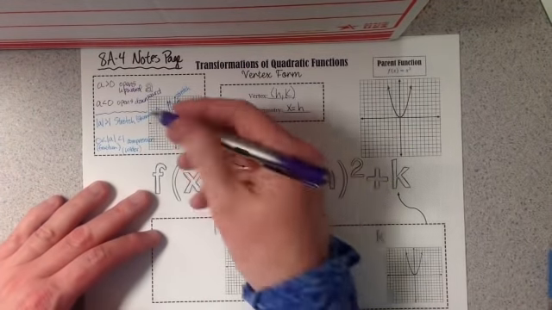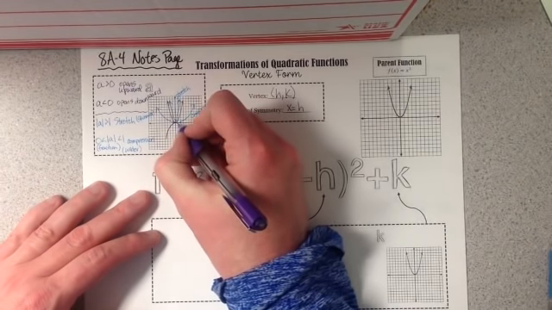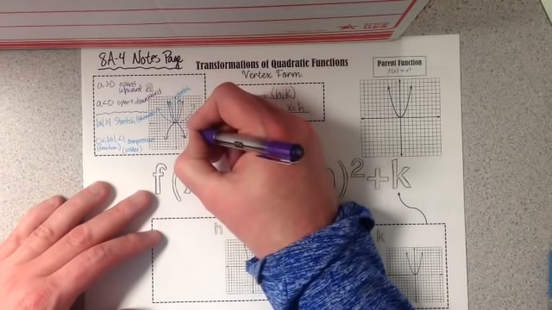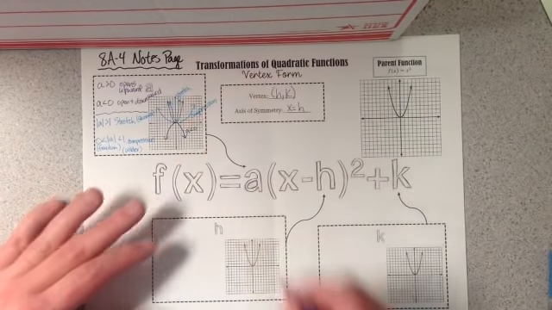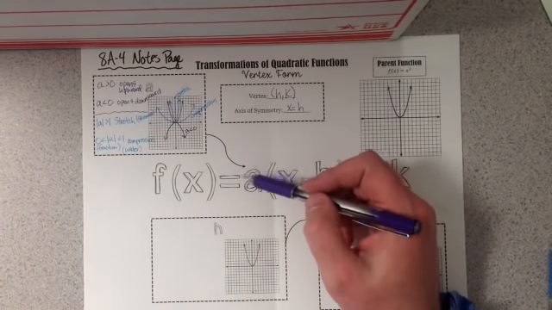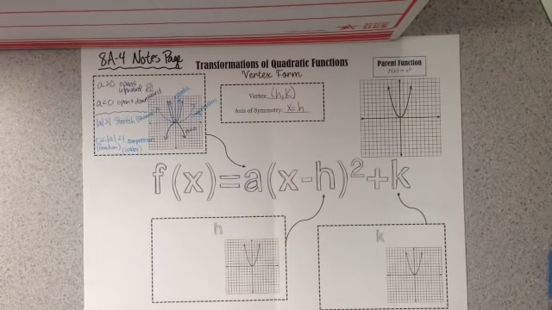And we'll just do another one. If it opens down, if a is negative, then it will open downward. Okay, a is less than 0. So that all has to do with just whatever number a is. Okay, all of those things just deal with a.